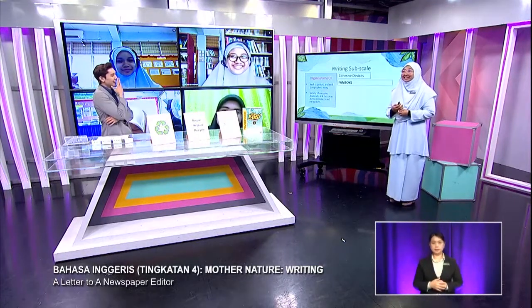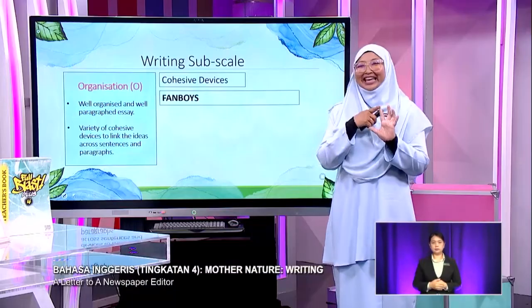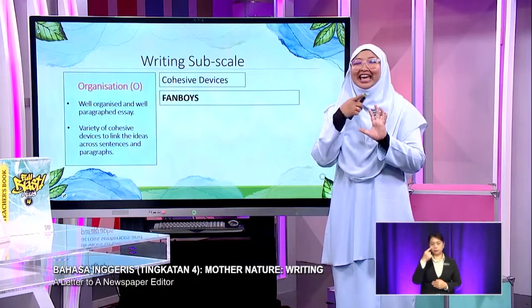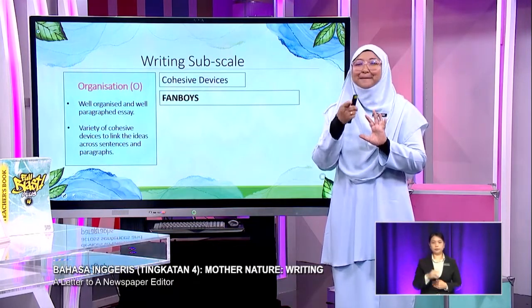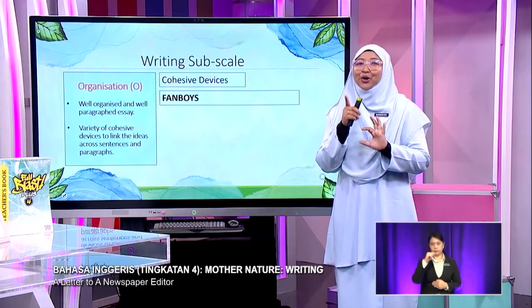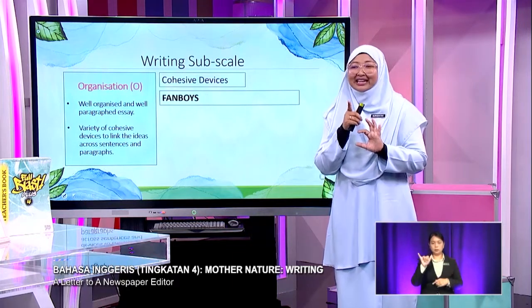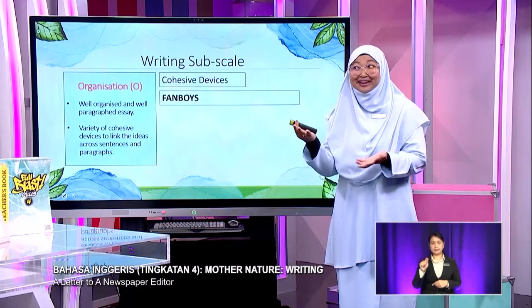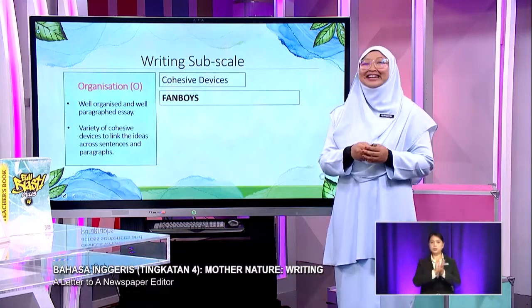Let me share with you. It is actually the conjunctions. F for for, A for and, N for nor, B for but, O for or, Y for yet, and last but not least, S for so. That's so easy to remember now.